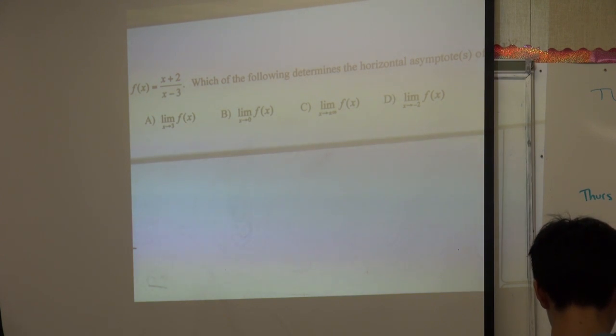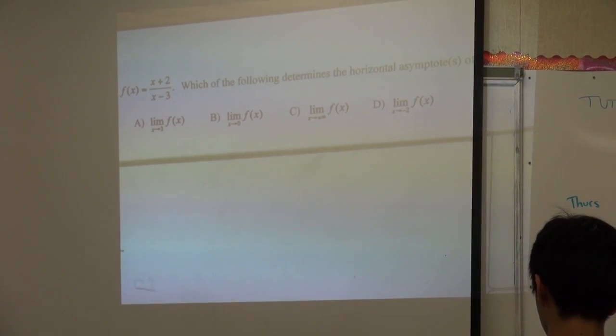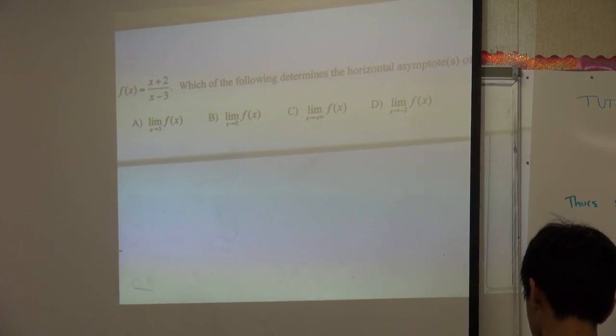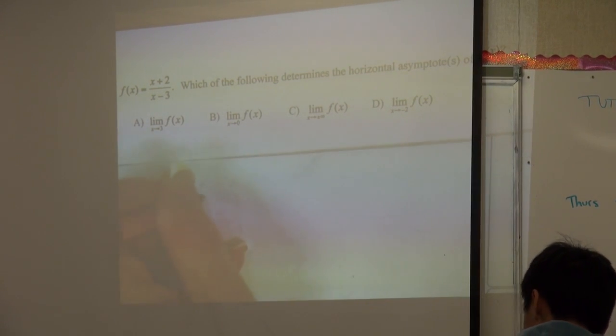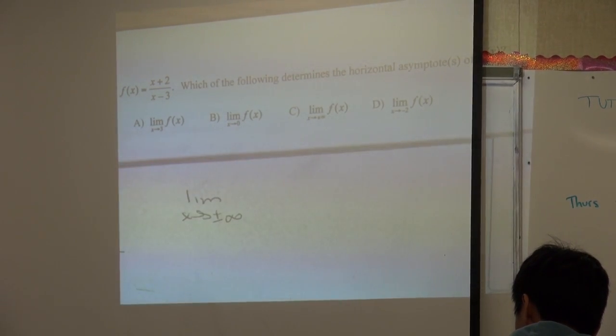Any questions? Yes. Can you just repeat what you just said? Okay. Horizontal asymptotes are your end behavior. End behavior is limits as x approaches positive and negative infinity.